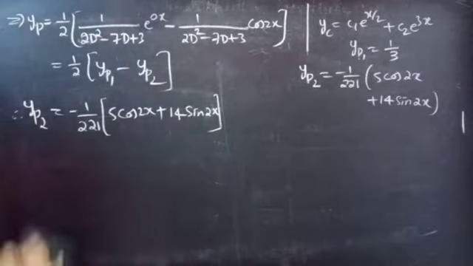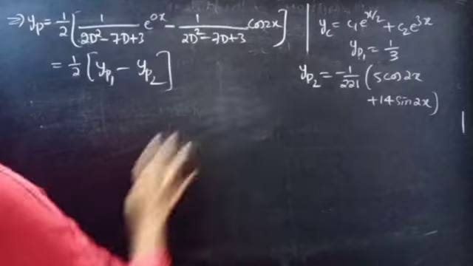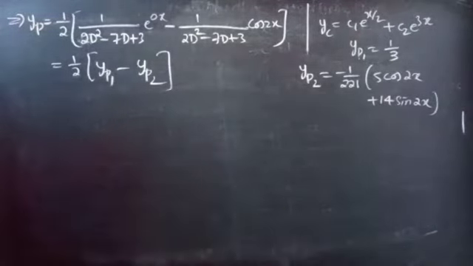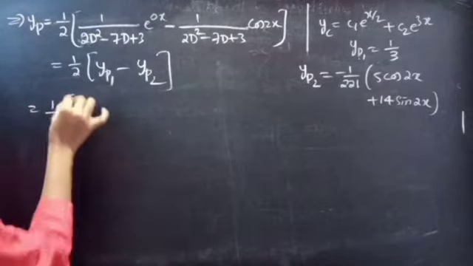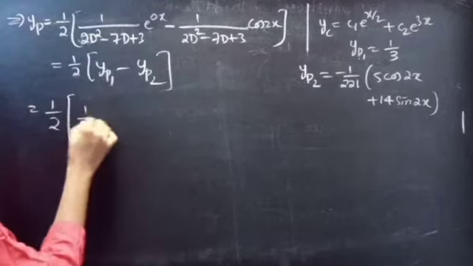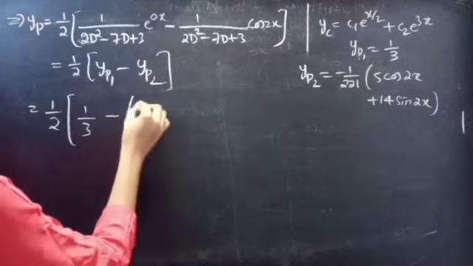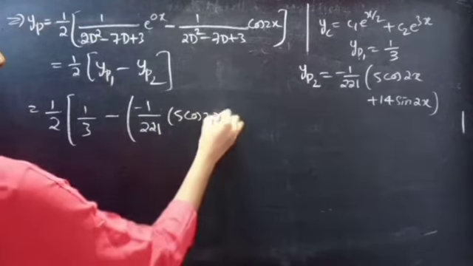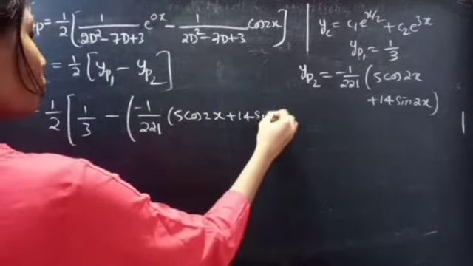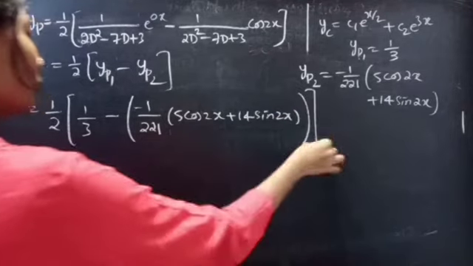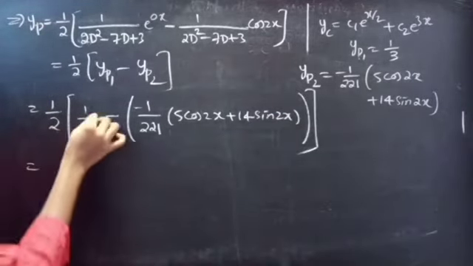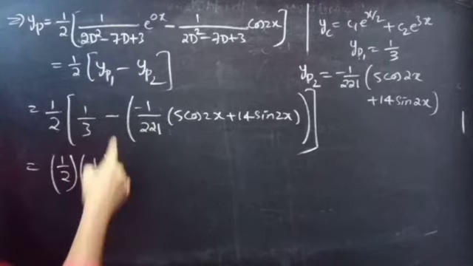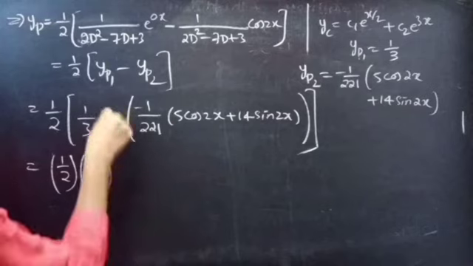Now, coming to yp. yp becomes 1 by 2 into (yp1, 1 by 3, minus yp2, minus 1 by 221 into (5 cos 2x + 14 sin 2x)), becomes 1 by 2 into 1 by 3. Okay, here you'll get minus into minus, plus, right?